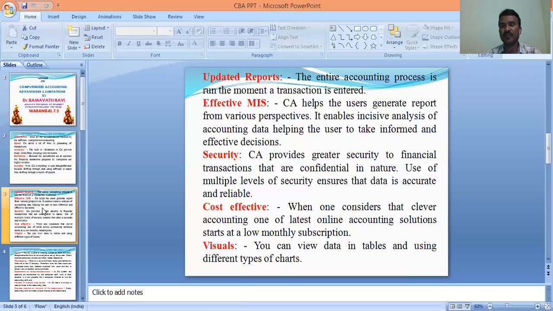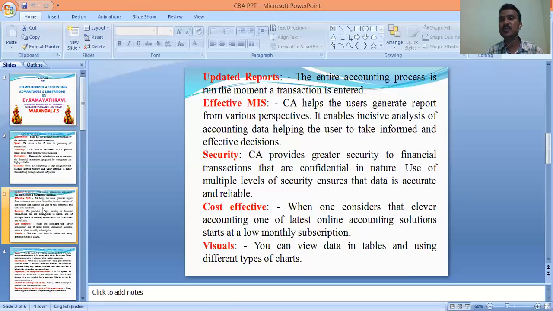That is the cost effectiveness mechanism. So it is also very effective from the point of view of reducing cost. And lastly, visuals. So these are the different advantages.